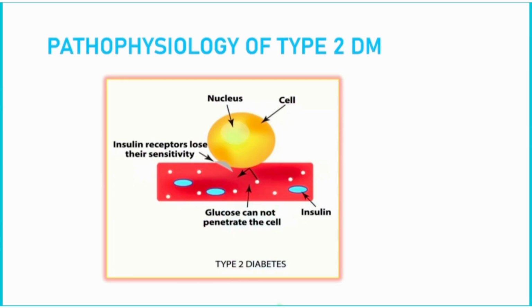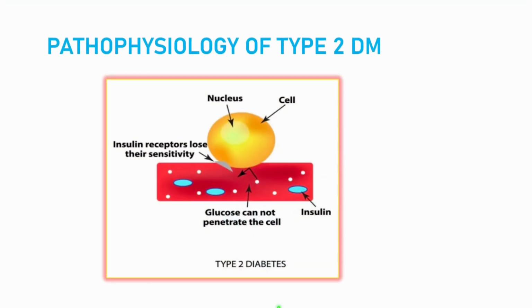Let us start the video with a discussion of the pathophysiology of type 2 diabetes. It's a metabolic disorder characterized by chronic hyperglycemia due to two main factors. Number one, insulin resistance, and number two, beta cell dysfunction. In the normal human body, insulin promotes glucose uptake into cells.